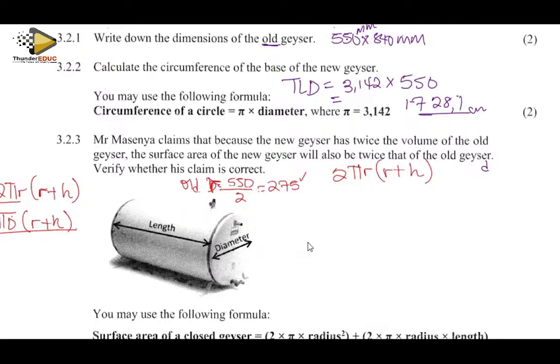In this case we don't have h, but we have the length. So we say 2 times 3.142 times our radius, open brackets, plus our length. The length of the old geyser was 840. Do everything here.